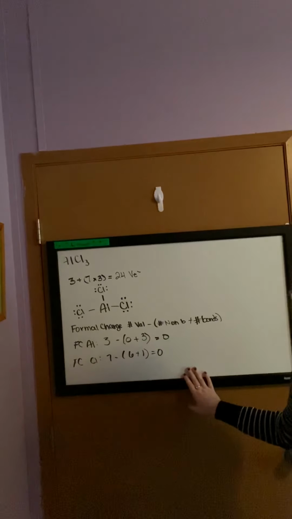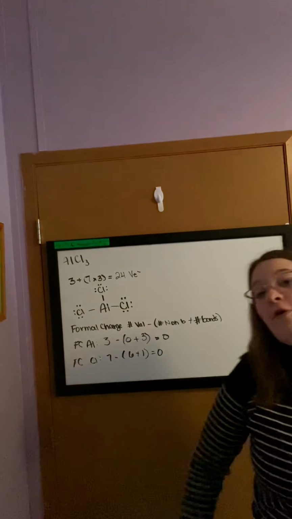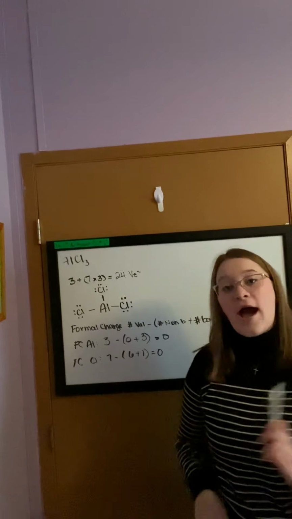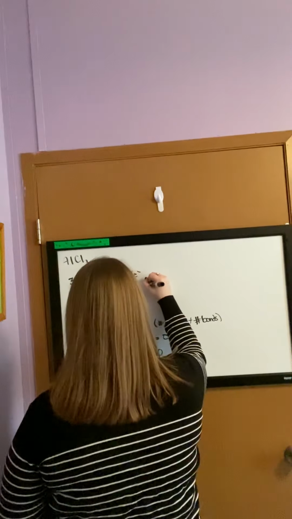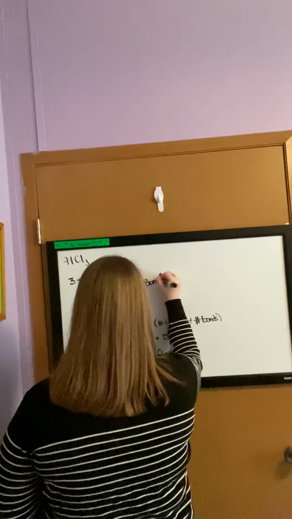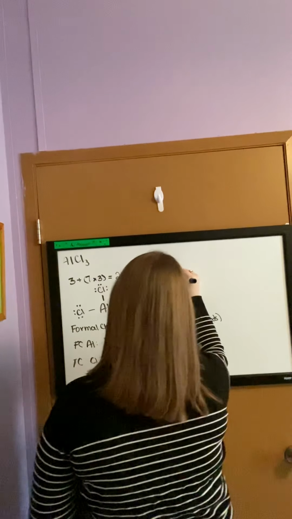So we are currently looking at the Lewis structure for aluminum chloride, and something I like to do to help me out later is say that the number of bonds is 3.